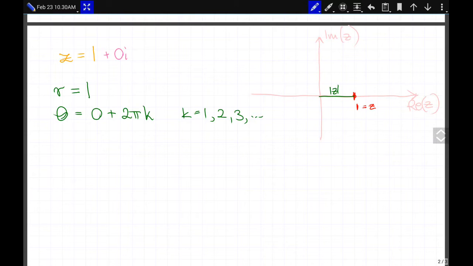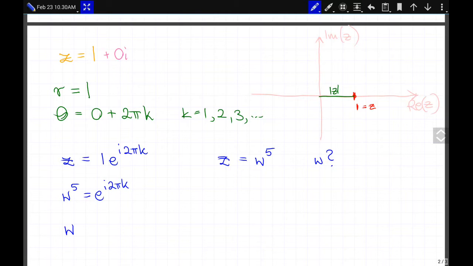Now we can write our z as r, which is 1, times e to the i theta, which is 2 pi k. Now say that z is some w to the power of 5, and we need to find w. So we can write that w to the 5 is e to the i 2 pi k.